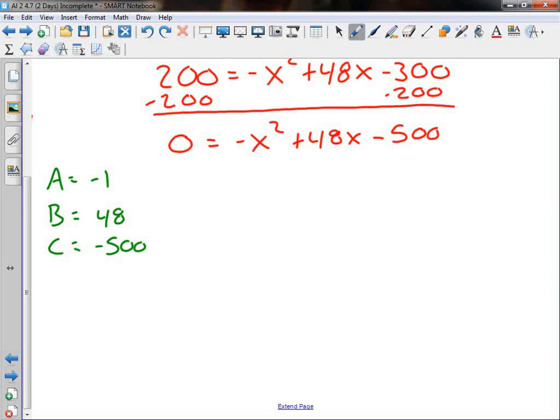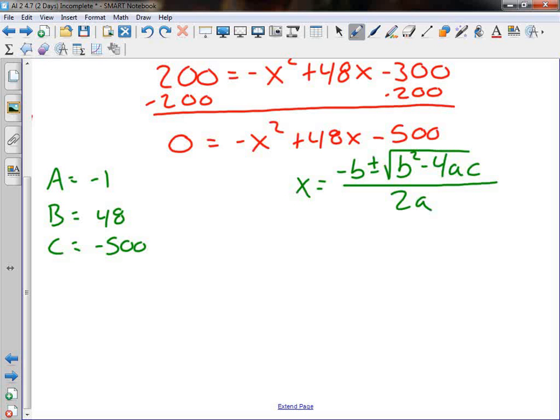And I'm going to go ahead and remind ourselves one last time of what the quadratic formula is, which is x equals opposite of b plus or minus square root of b squared minus 4ac all over 2a. And now let's plug in our actual numbers instead of the general form.